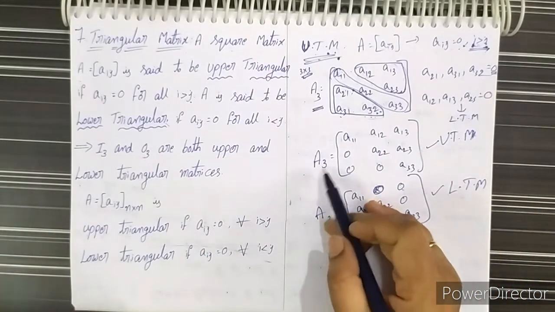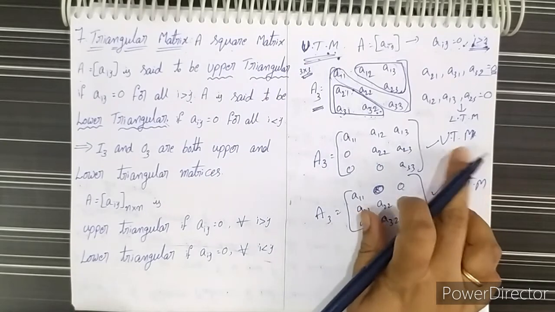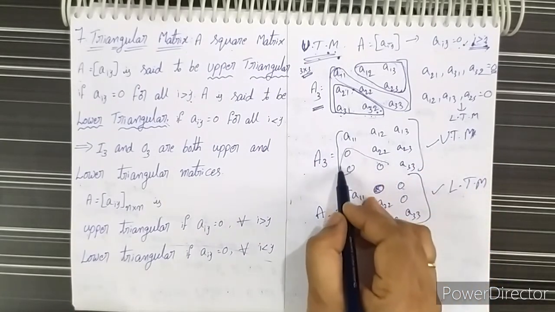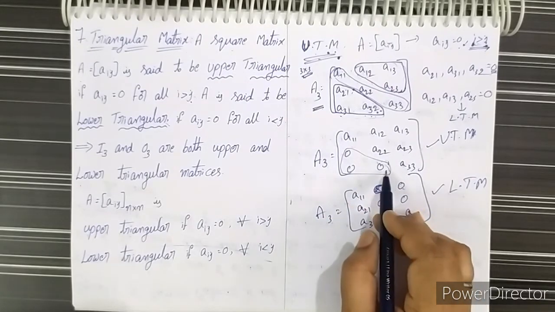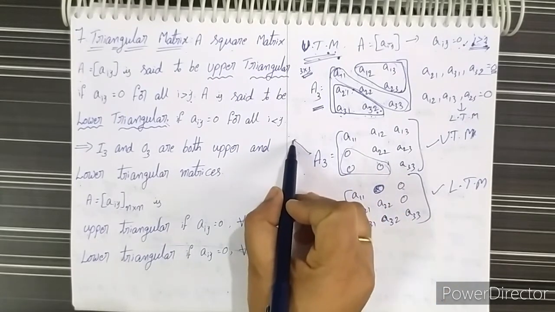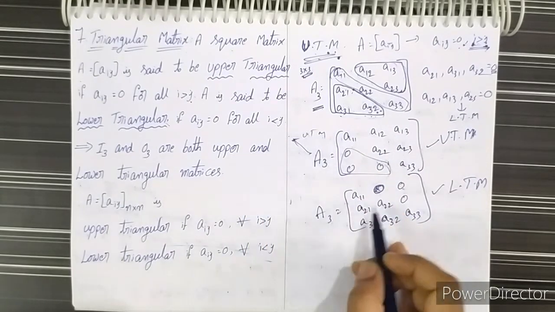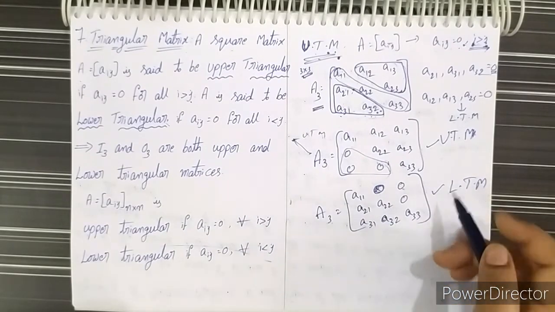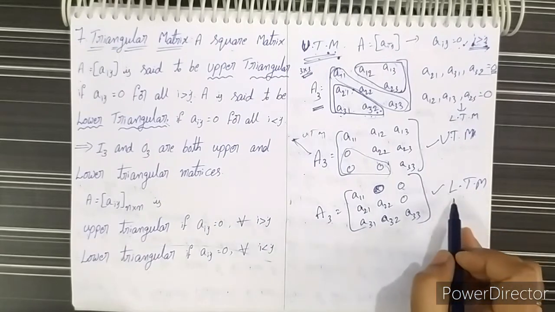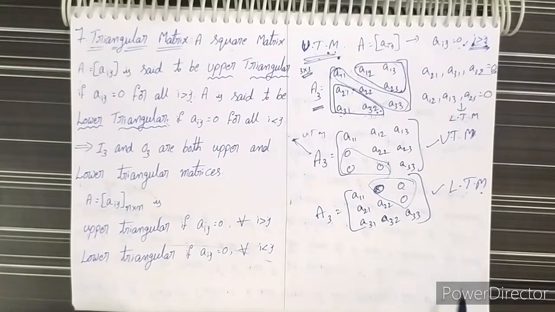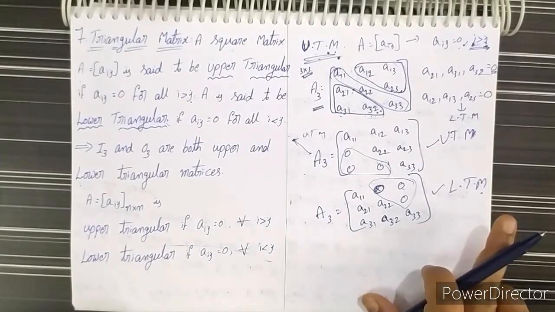We can say a square matrix is said to be an upper triangular matrix if the lower non-diagonal elements are equal to 0, and a square matrix is said to be a lower triangular matrix if the upper non-diagonal elements are equal to 0.